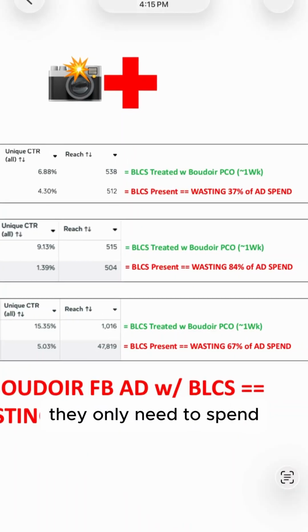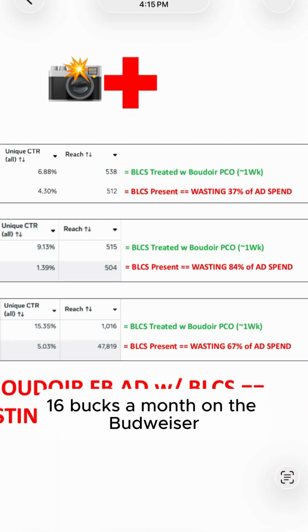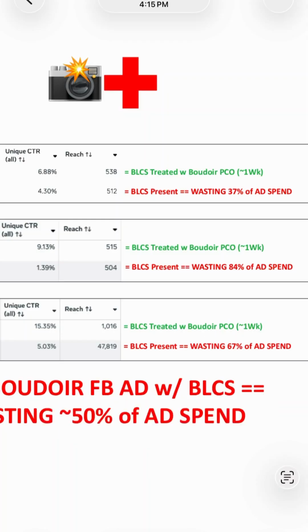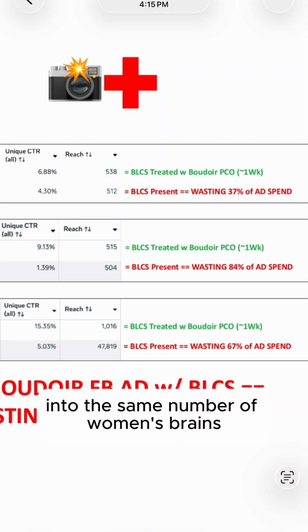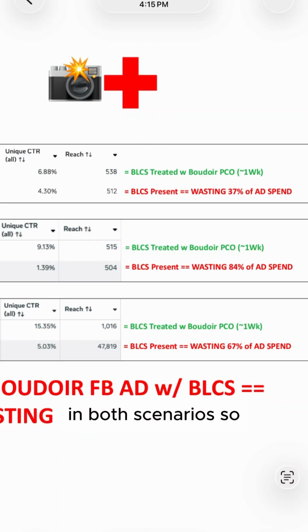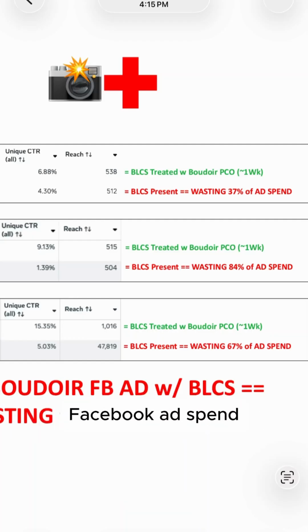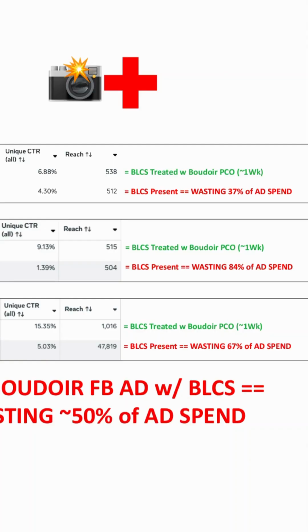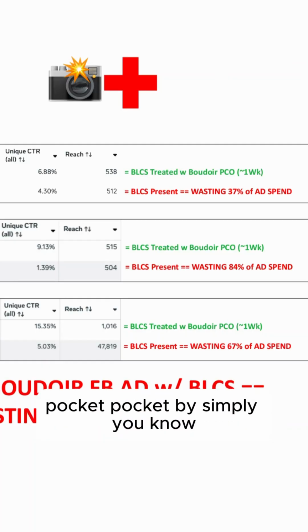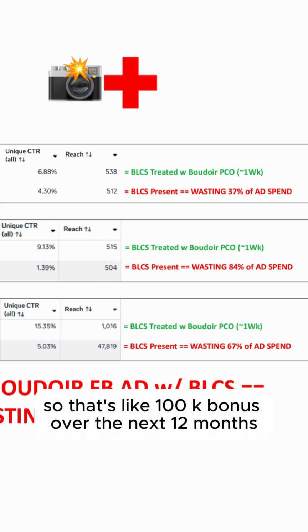Now they only need to spend $1,600 a month on the Boudoir Pico treated Facebook ad, and they get their ad into the same number of women's brains in both scenarios. So they eliminate $8,400 a month in wasted Boudoir Facebook ad spend, and they actually pocket that, literally $8,400 a month, by simply not spending it. So it's like a 100K bonus over the next 12 months.